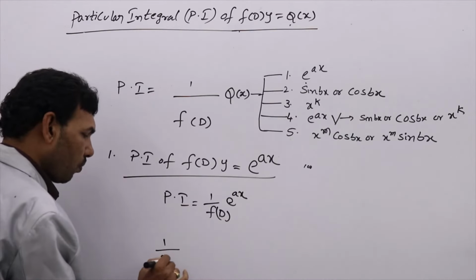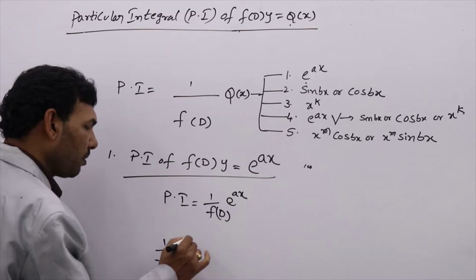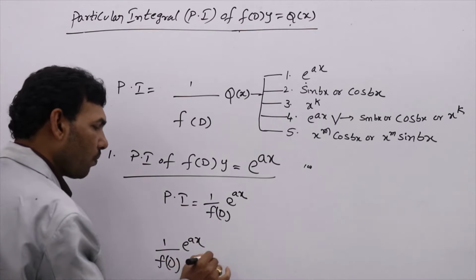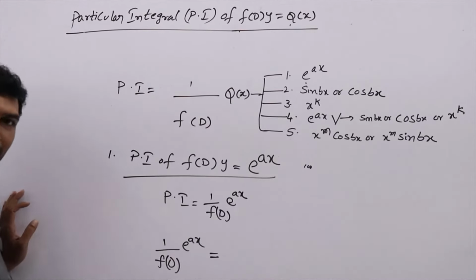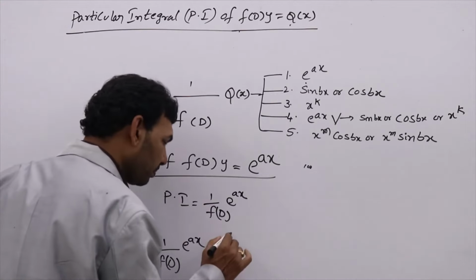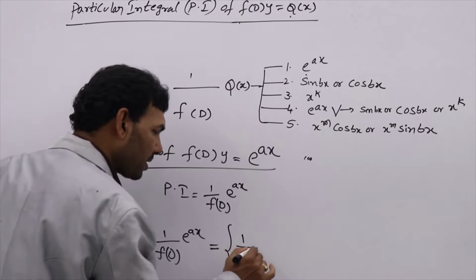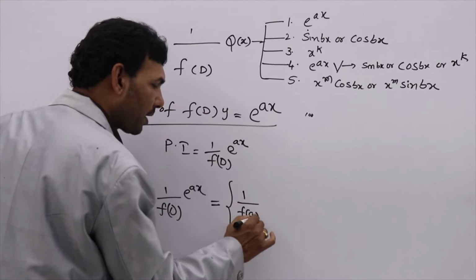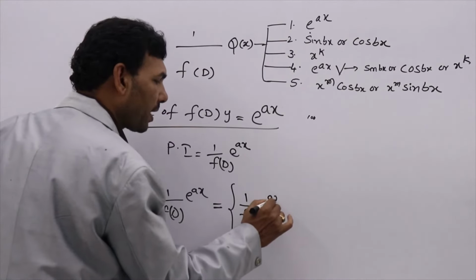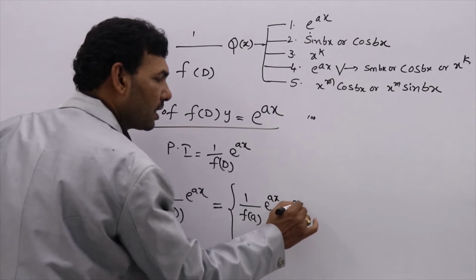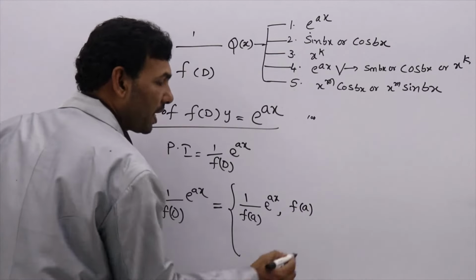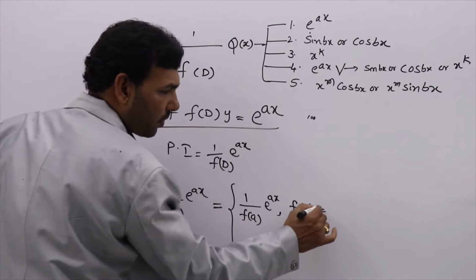If you have that, simply apply it like this: 1 by f of a into e power ax, if f of a is not equal to 0.